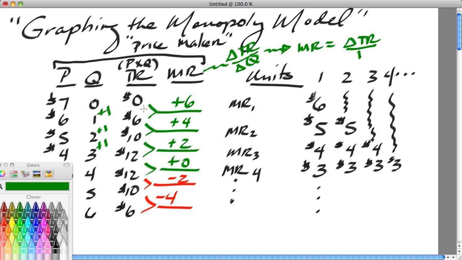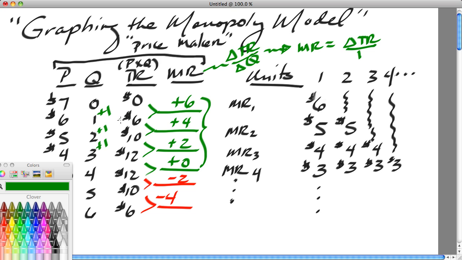Okay, so notice as we go from 0 to 1, marginal revenue is 6. We go from 1 to 2, marginal revenue is 4. And what we see immediately is that marginal revenue is declining. And this is a principle. Whenever the demand curve is downward sloping, whenever the firm has to lower its price to sell more, its marginal revenue will be a declining function.